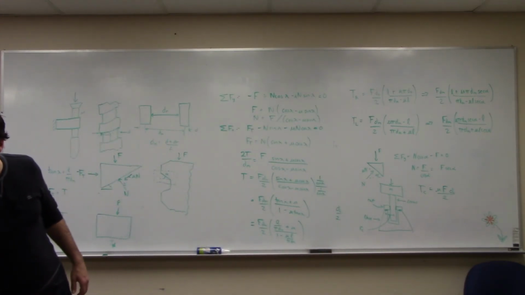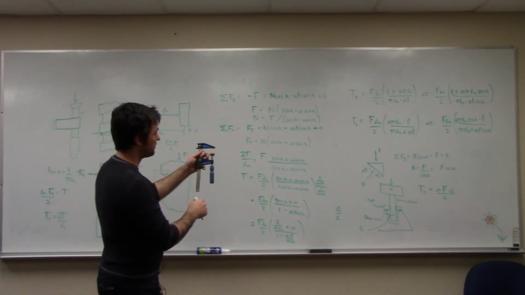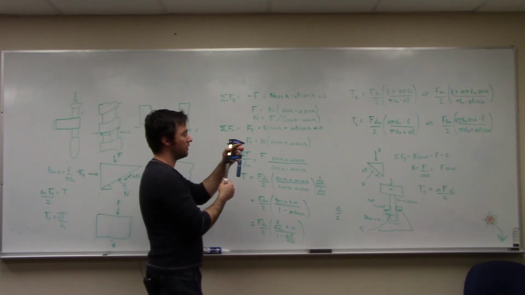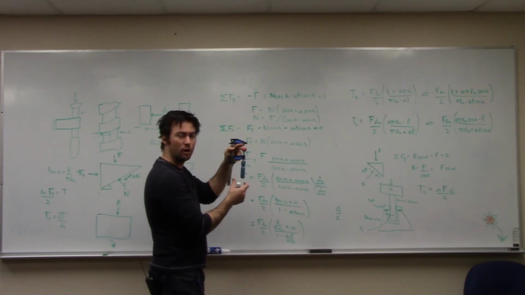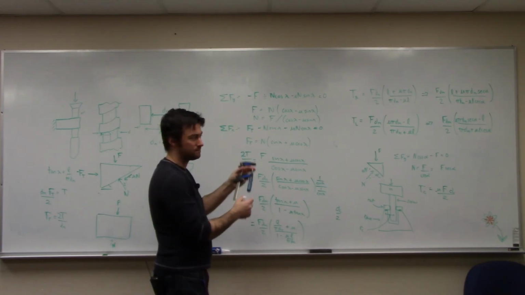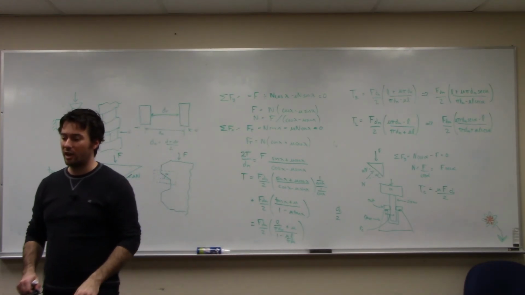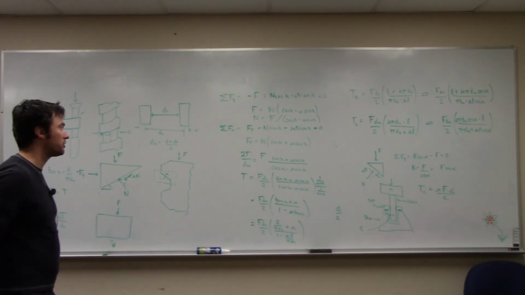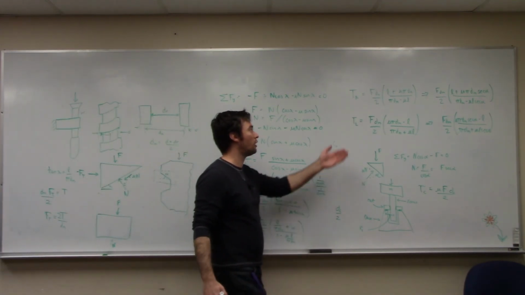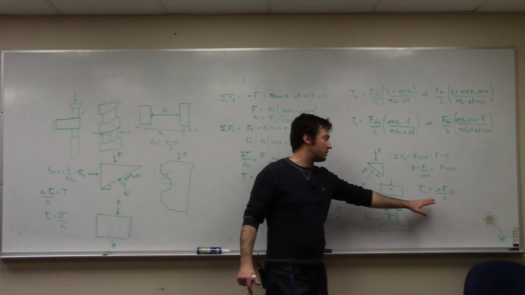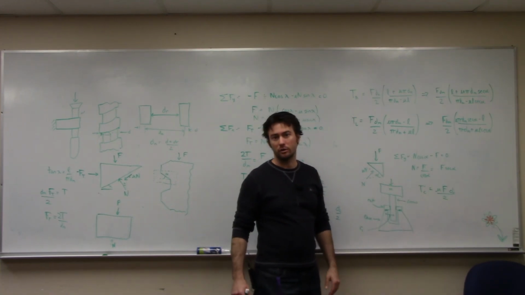In the case of this here, I'm not really sure. I can't chop this open in order to get inside there, but we would need to find out some sort of effective diameter where that friction is working. But this has to be taken into account whenever we're trying to calculate the total torque that's required to raise or lower a load. We're typically going to have some sort of collar torque that's also acting.